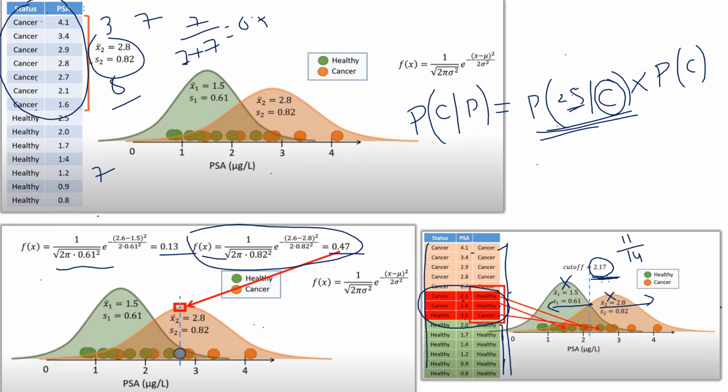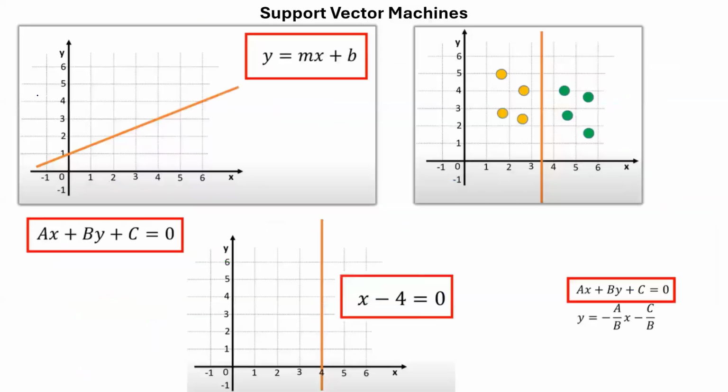If these PSA levels are there, these are healthy patients. We are giving the label, and if a new data point is given, we are just trying to predict that label. When the labels are given, that's supervised learning. So naive Bayes, KNN, wherever you give labels in your data or use labels to train your model, those all fall under supervised learning. Okay, just take a break for 5 minutes, and then we will start support vector machines.